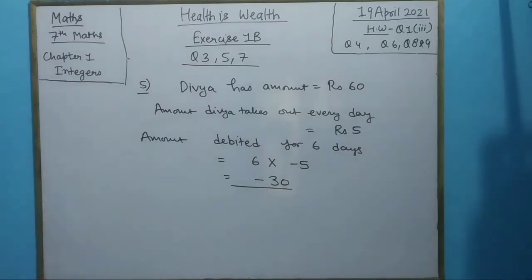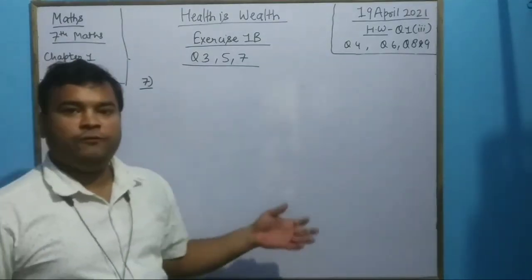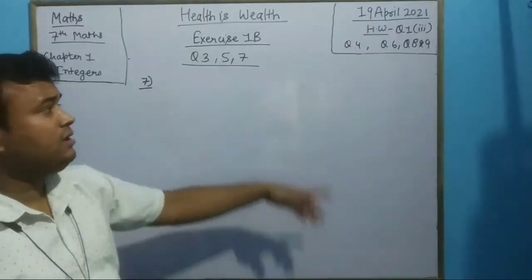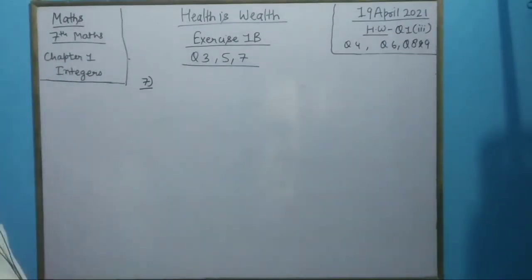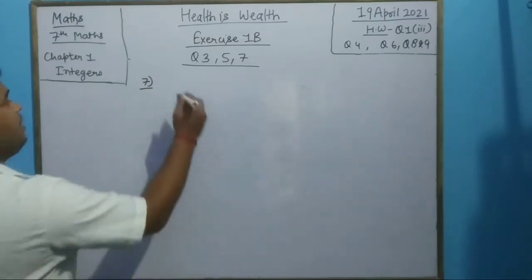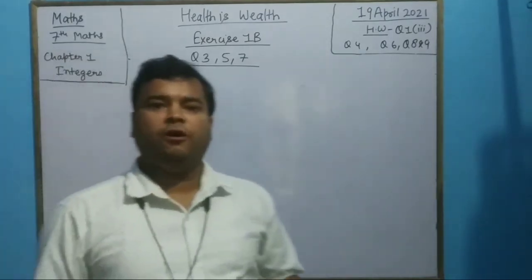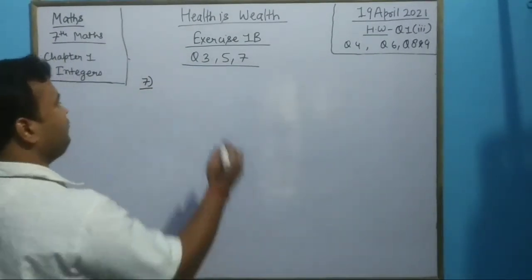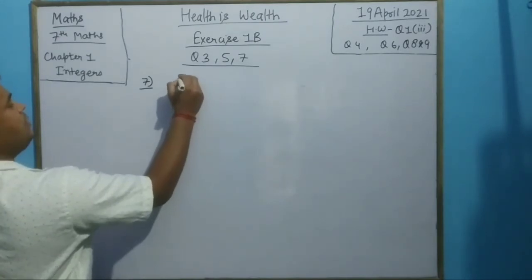Let us see question number 7. This is the last question of our exercise 1B, and the questions which are homework, note them down. This is the 7th question. There is a female Asiatic black bear, and she has a weight of 110 kg at the starting of hibernation, before going to hibernation. So let us write it out.